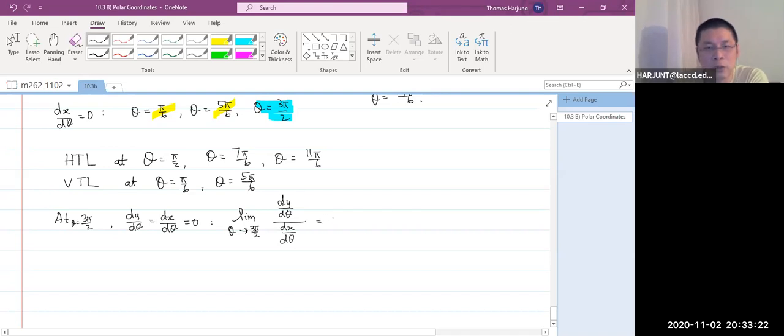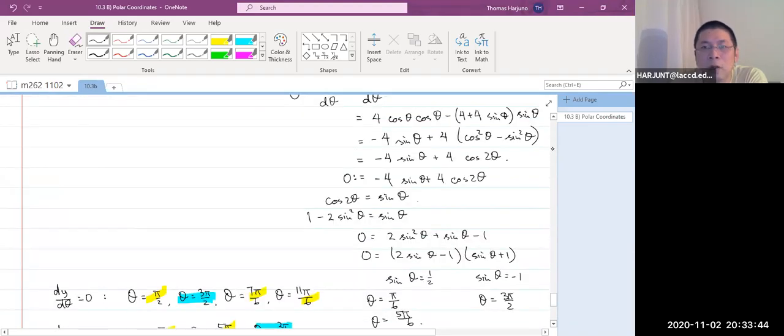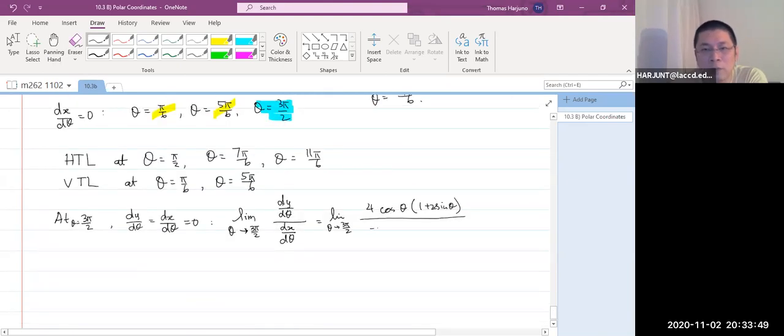This is equal to the limit as theta goes to 3 pi over 2 of 4 cosine theta times (1 plus 2 sine theta), while on the denominator we have negative 4 sine theta plus 4 cosine 2 theta.